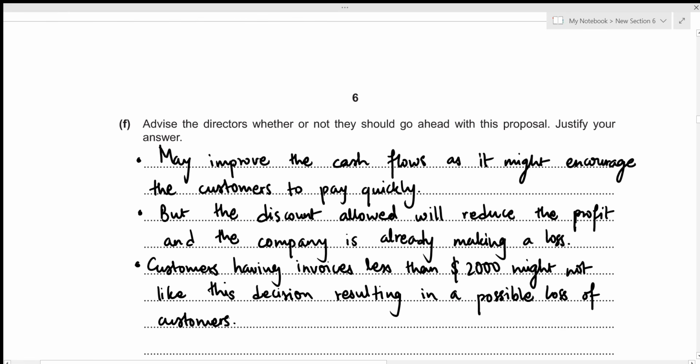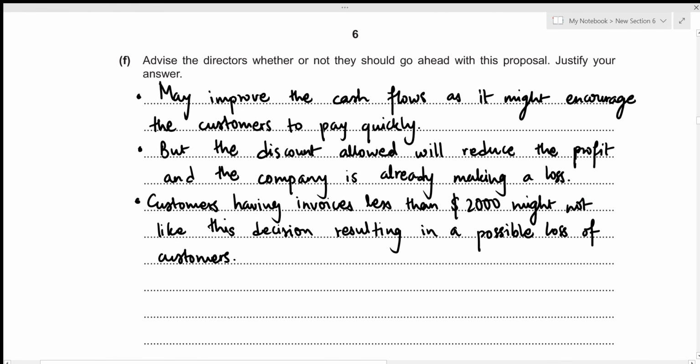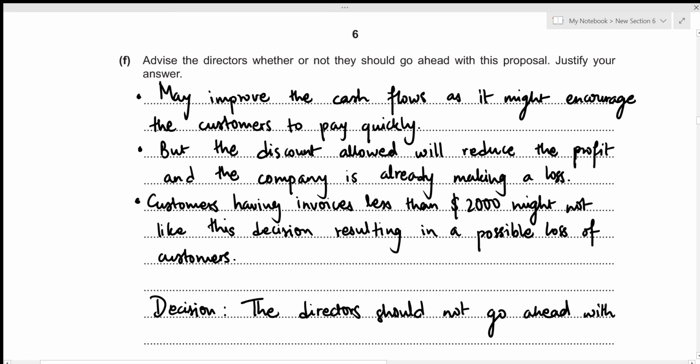So from these points, we can clearly make out our decision that the directors should not go ahead with this proposal. Let's write our decision clearly. The directors should not go ahead with this proposal.